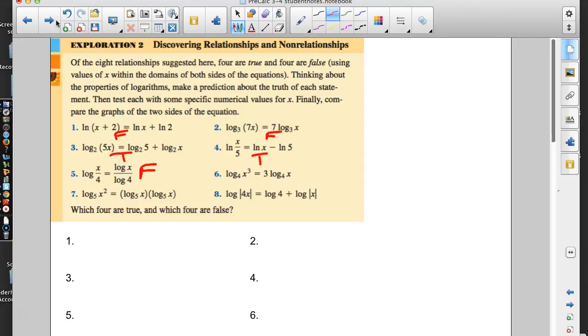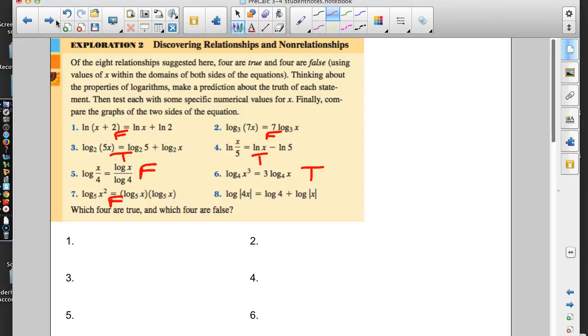No. Number 6, logarithm base 4 of x to the third equals 3 logarithm base 4 of x. True? One of our properties. Bring this 3 out in front. Number 7, logarithm base 5 of x squared equals logarithm base 5 of x times logarithm base 5 of x. False. It's not one of our properties.